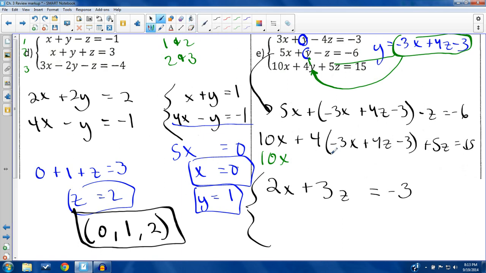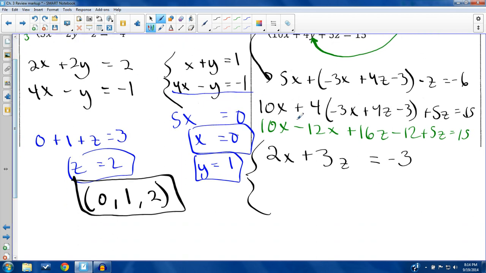This will be 10x minus 12x plus 16z minus 12 plus 5z equals 15. When I combine like terms here, I get 10x minus 12x, which is -2x.